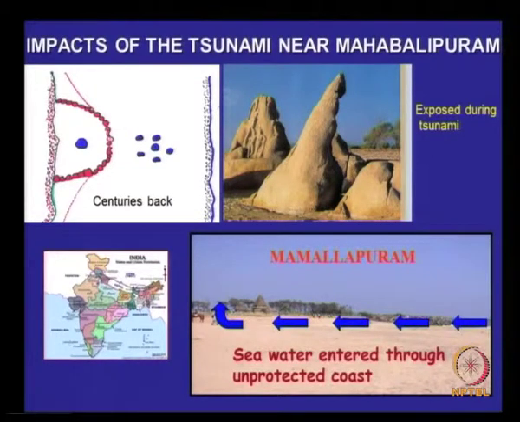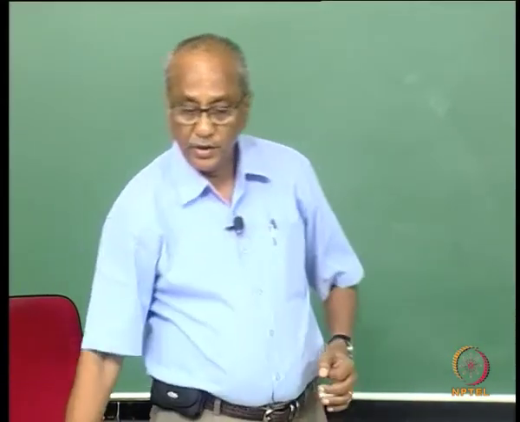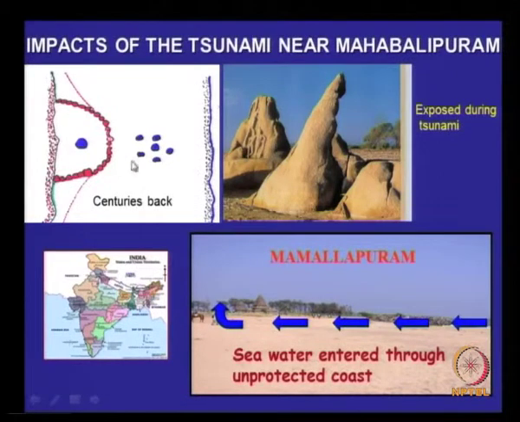As I said, the water level receded into the ocean. This exposed some of the relics. A century back there were some temples and other things which got sunk, buried. Those were exposed during the tsunami.